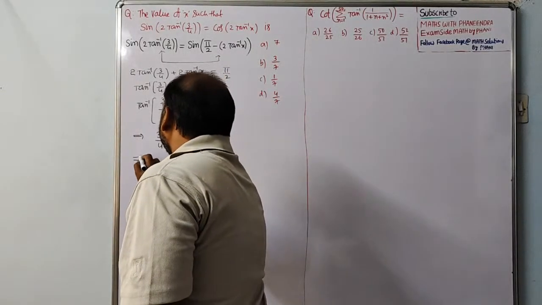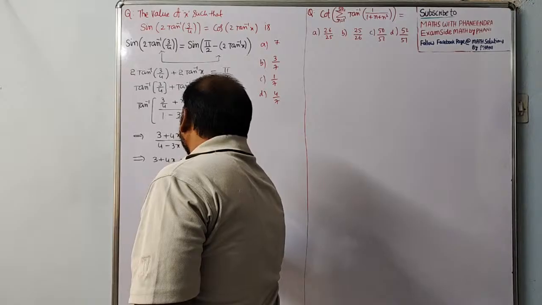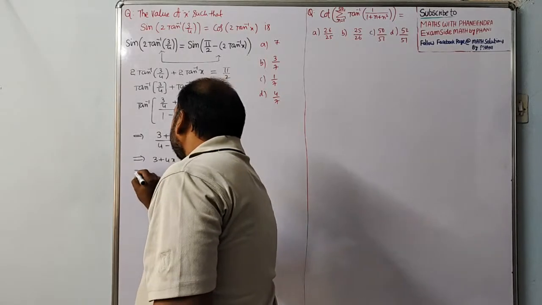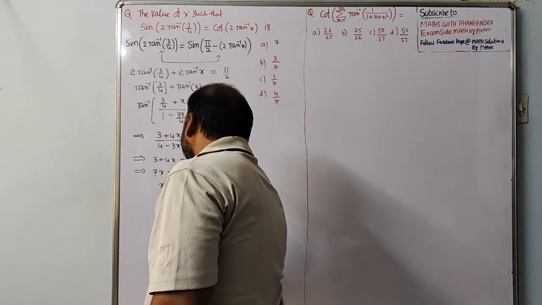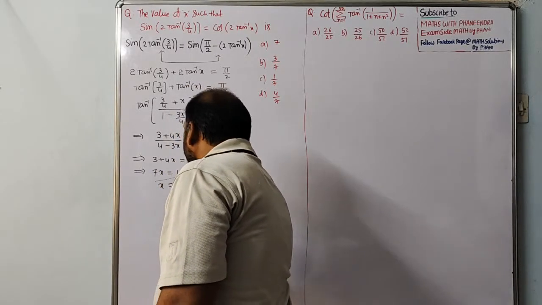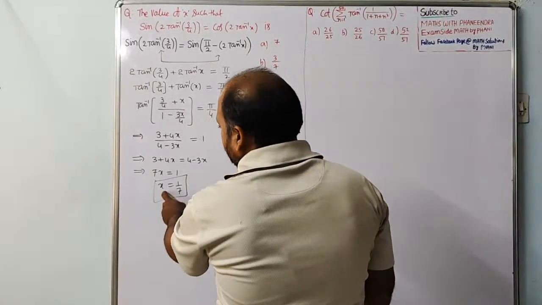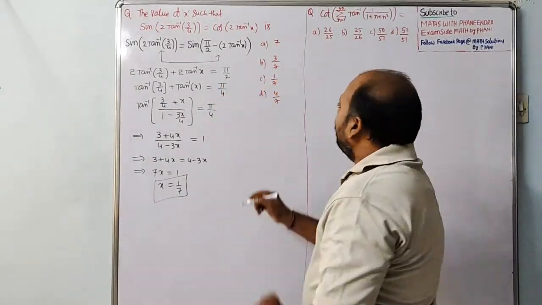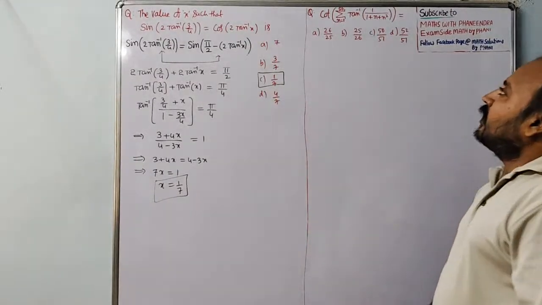Cross multiply and simplify. 3 plus 4x is equal to 4 minus 3x. Minus 3x, bring this side, 7x is equal to 1. X is equal to 1 by 7. Therefore, the possible value of x for the given equation is x is equal to 1 by 7. It is there in the third option, dear students.